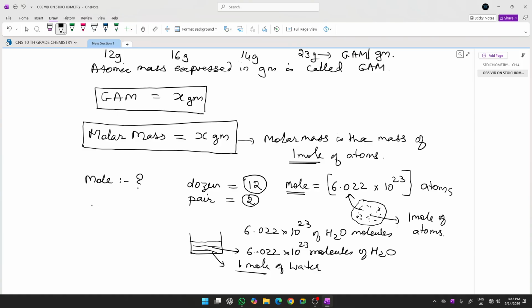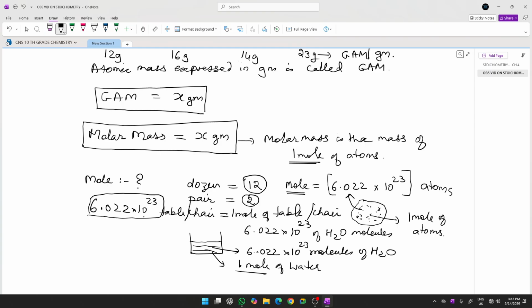For example, 6.022 into 10 raised to 23 tables or chairs can be said to be 1 mole of table or chair. It's hypothetical, just to make you understand. So this number of any species is known as 1 mole.